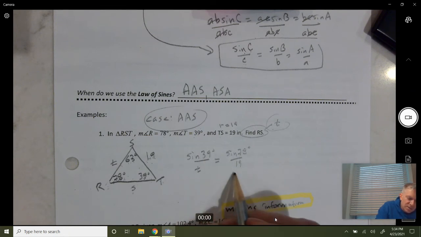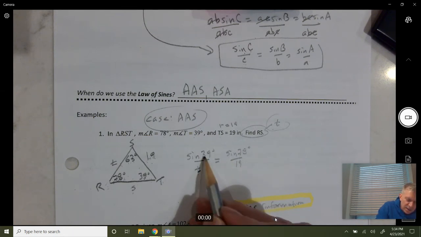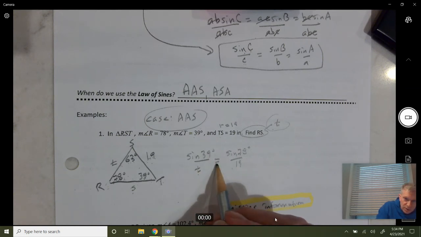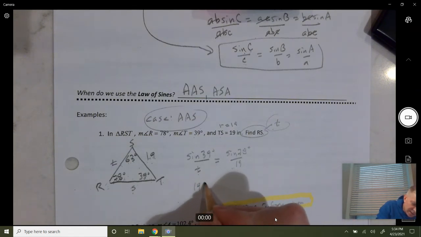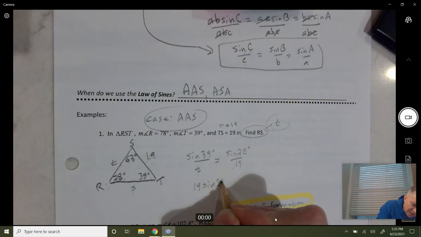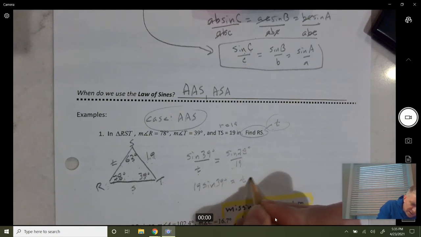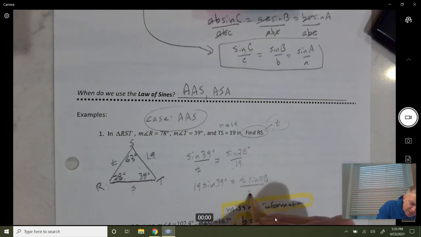Now to solve this, you've got a t, and everything else you can plug into your calculator. So we're going to cross multiply. When you have two fractions equal to each other, you can cross multiply. That's 19 sine of 39 equals t times the sine of 78. Divide both sides by the sine of 78.